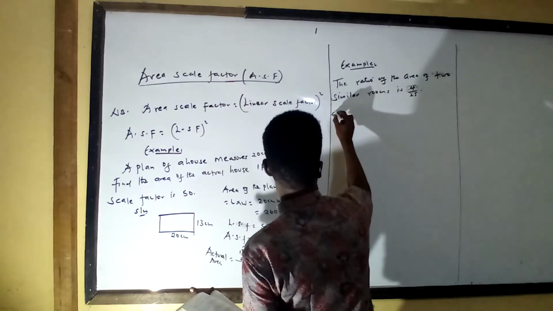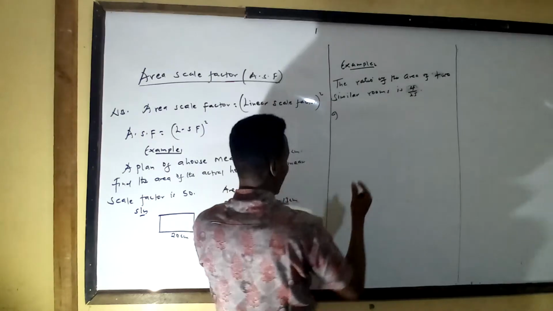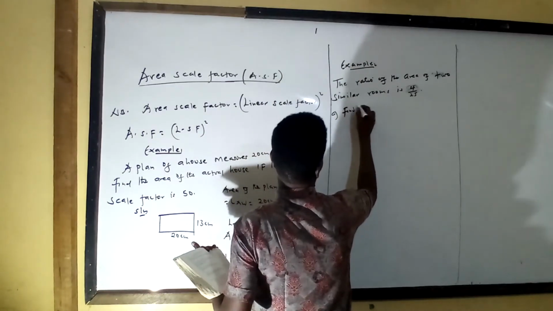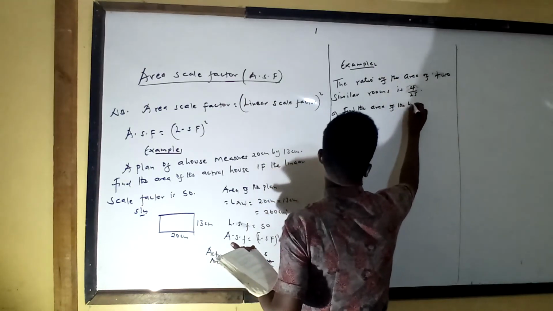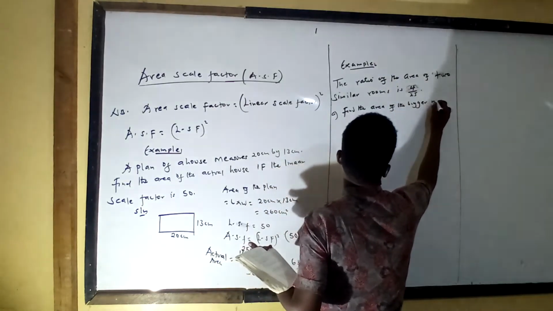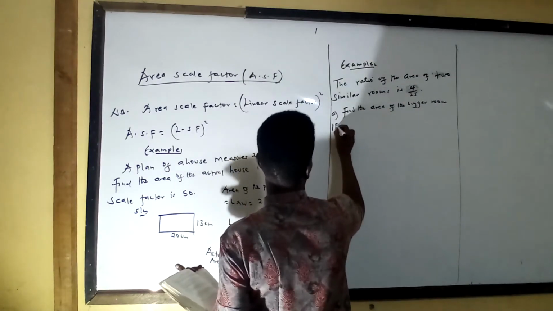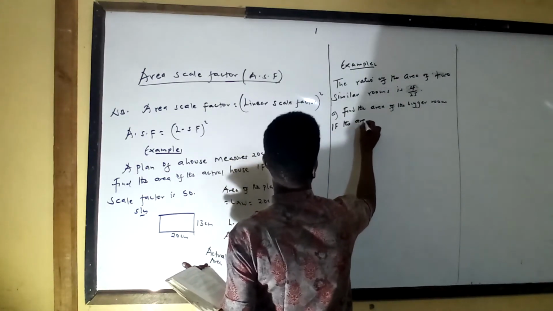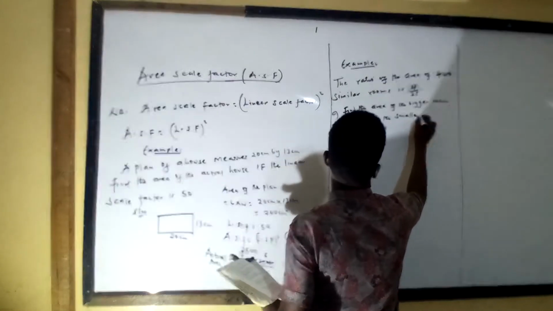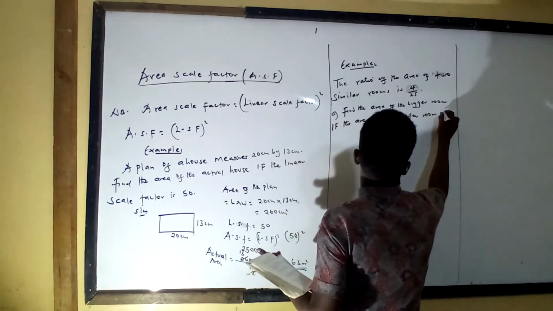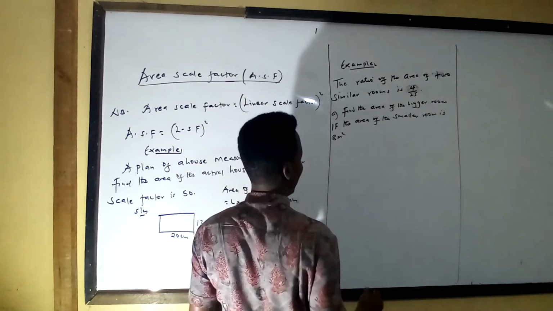Question A: find the area of the bigger room if the area of the smaller room is 8 meters squared.